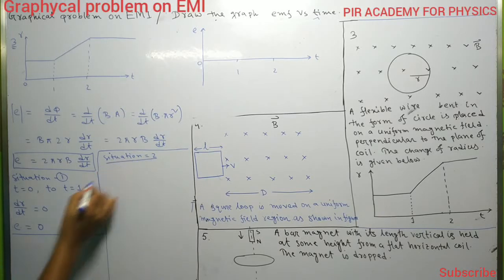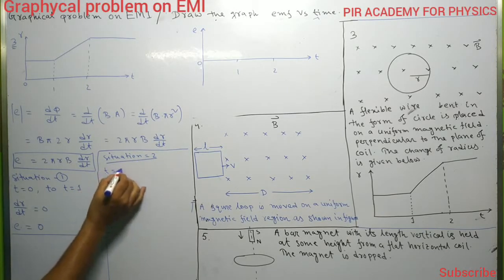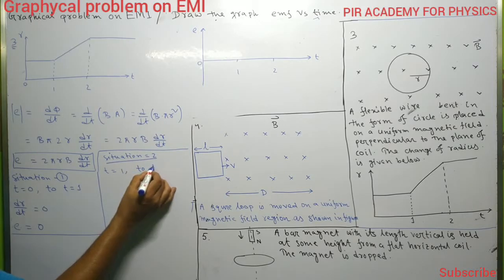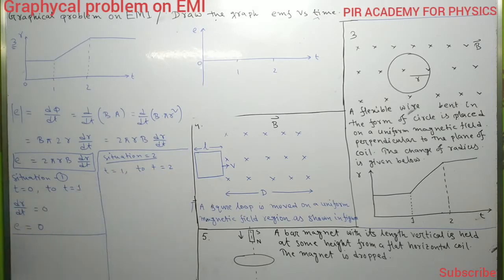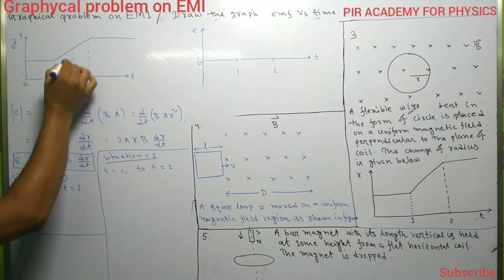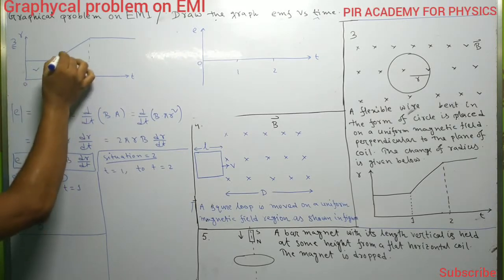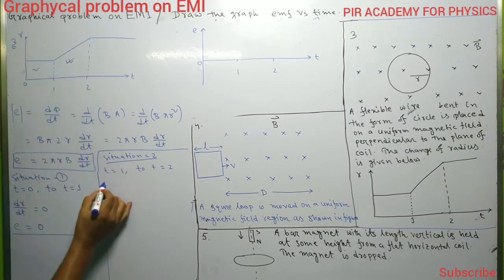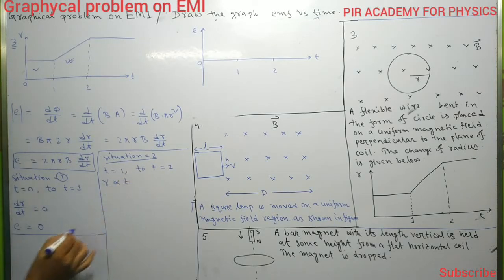Situation number 2, that means t equals 1 to t equals 2 seconds. In this condition, r is proportional to t because this is a linear increase.